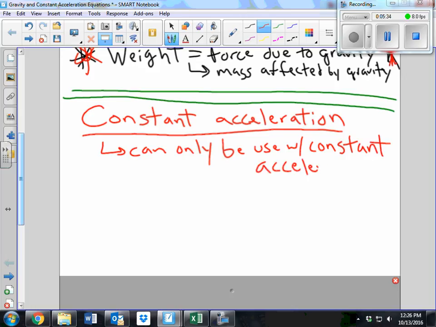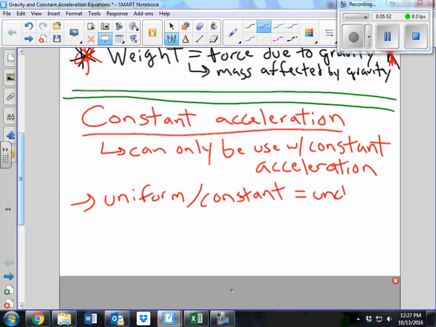Constant means, another word you'll see is uniform. Like Regents says uniform. So it would say uniform acceleration. In this case, we say constant, and it really just means it is unchanging. It's one value. That's what uniform means, that's what constant means.